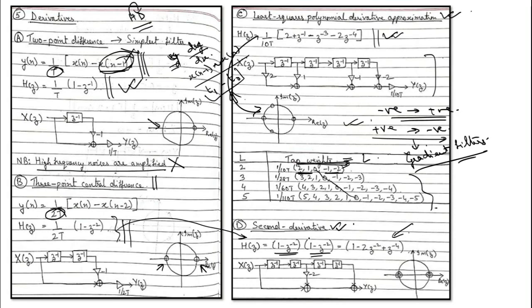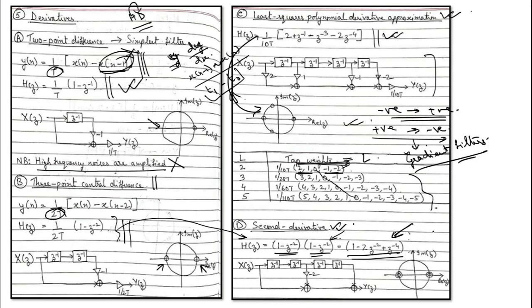So you can either implement this filter in the cascading form, or you can implement the filter in the form of 1 minus 2z to the power minus 2 plus z to the power minus 4. Okay. So this filter would be a second derivative filter.